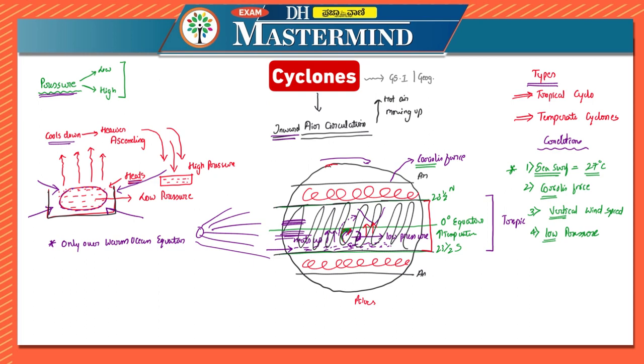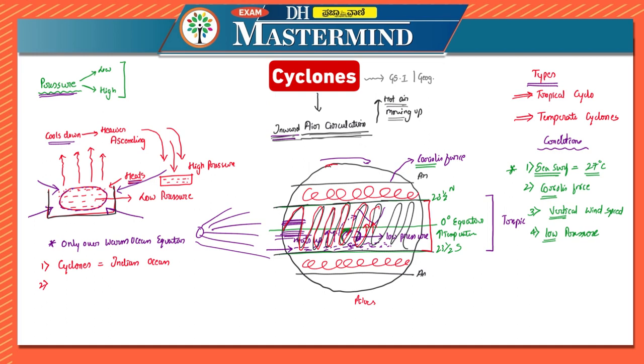Now, the next very important point to remember is that these inward air circulations, because of hot air moving upwards, are called cyclones only in the Indian Ocean region. Then you may ask, we were discussing that in the tropical region, wherever there is ocean and it gets heated up, there is cyclone.